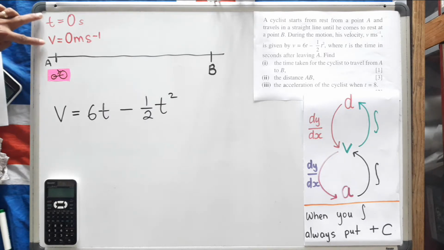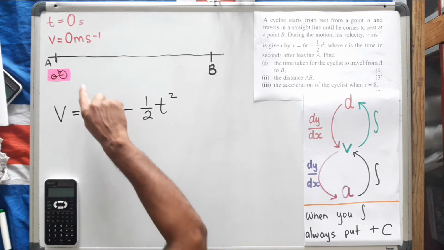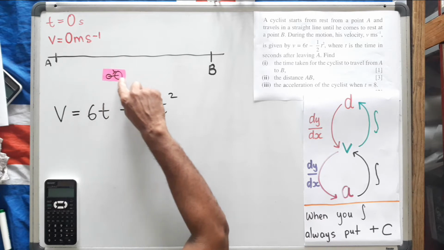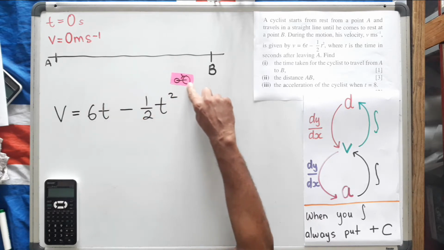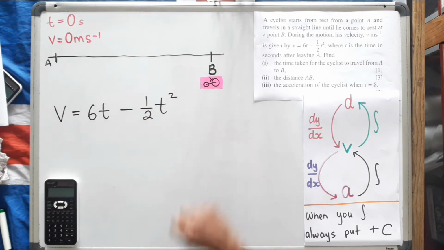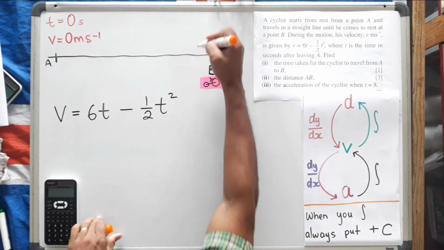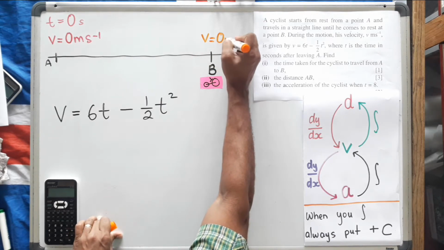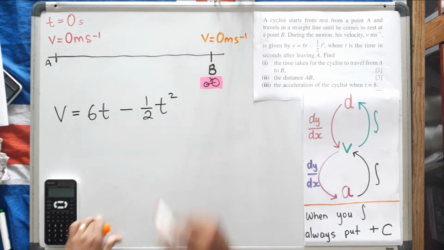So I put my values for the start of the question, and they say that at point A, he starts at rest, and then he travels, but he comes to rest at point B. All right, so that means he stops at point B. So at point B, if he comes to rest, his velocity here is also 0.